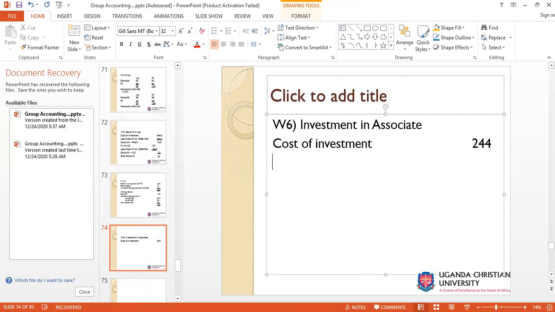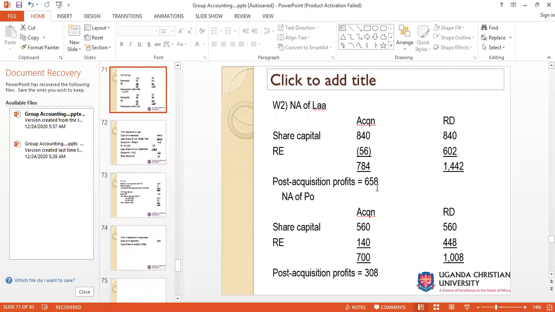Then we add the share of profits, the investor's share of profits, that is 30% times the profits. The profits here are 308.